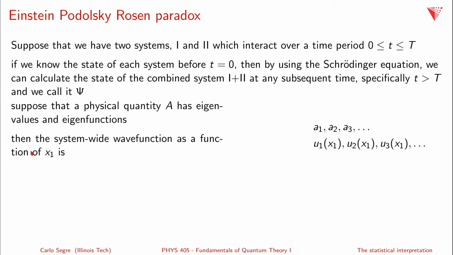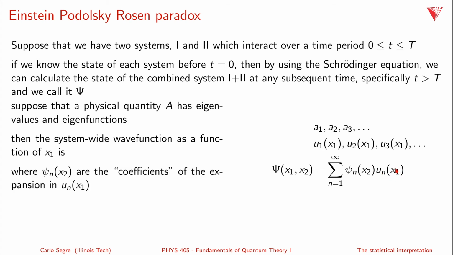Then the system-wide wave function as a function of x1 can be written as a sum, like we've talked about before: capital Psi of x1, x2 is equal to the sum from n equals 1 to infinity of psi sub n of x2 times u sub n of x1, where psi sub n of x2 are simply coefficients of the expansion in u sub n of x1, right?